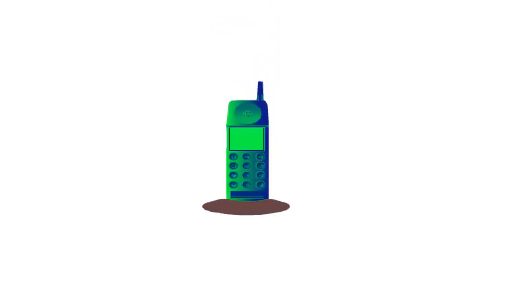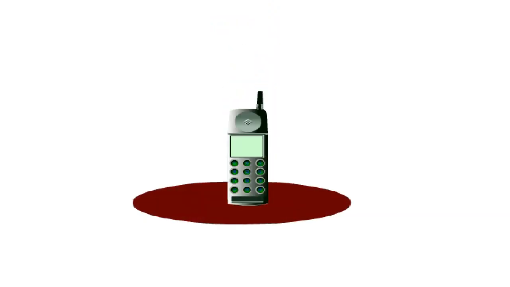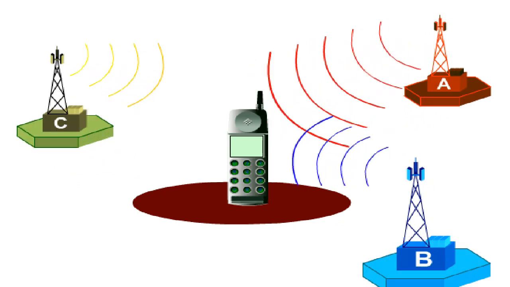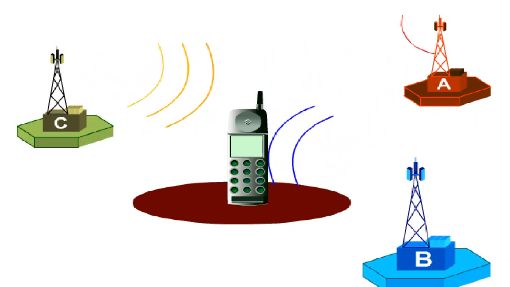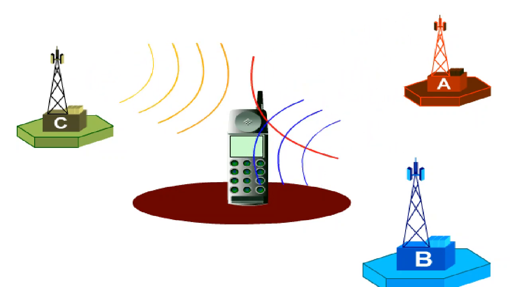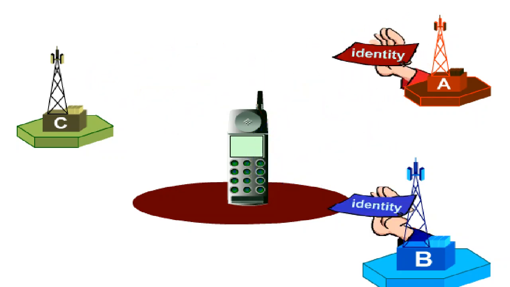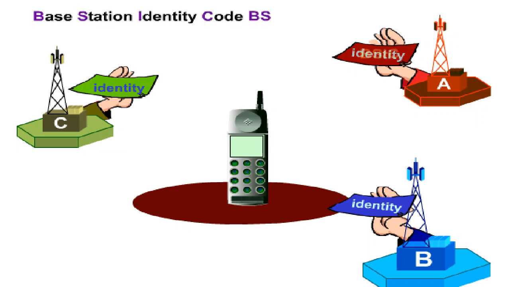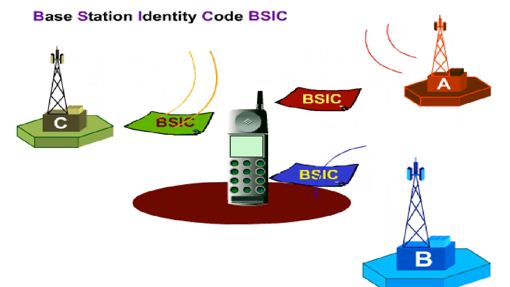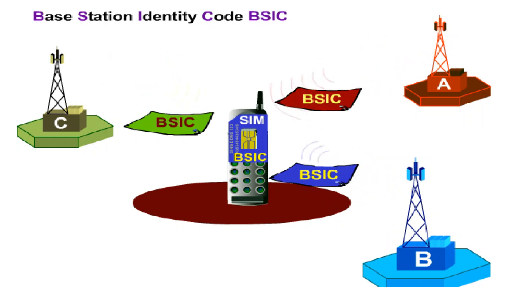If a mobile subscriber is at a certain location, his mobile phone usually receives frequencies from different network operators. In order for his mobile phone to synchronize to the frequency of its own network operator, each base station must be able to identify itself. This identity is the Base Station Identity Code, BSIC. It's broadcast by every BTS and compared with the appropriate entry on the SIM card of the subscriber.